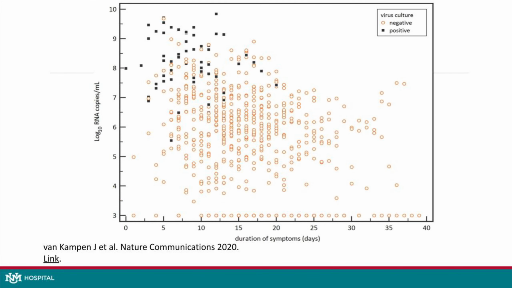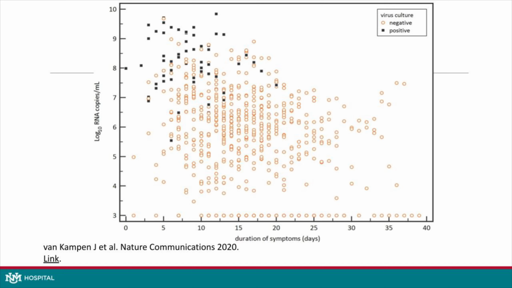Here's another study that was done. Again, you can see the number of virus copies based on genetic material, and the patient's duration of symptoms in days. You can also see whether they were able to culture the virus or not. If it was negative, it's an open circle, and if it's positive, it's a black square.